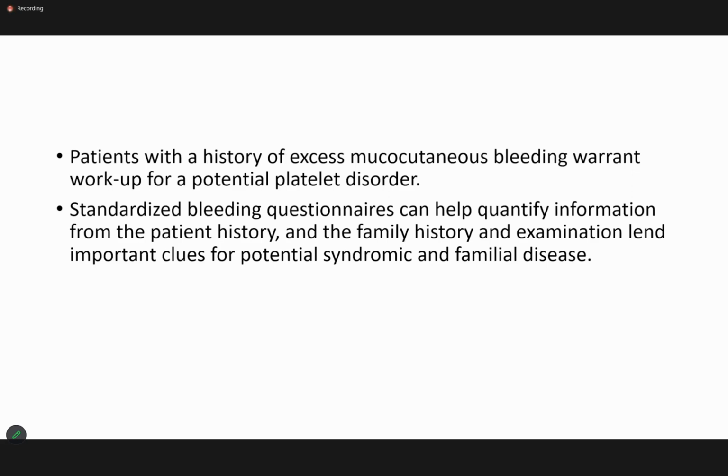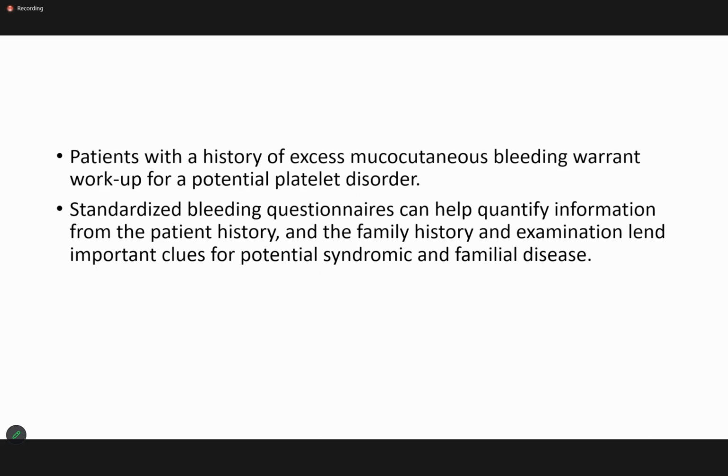So a patient with a history of excess mucocutaneous bleeding warrants workup for a primary hemostatic disorder, whether due to platelets, von Willebrand disease, or blood vessels. For that kind of patient, we need to start with taking the bleeding history.